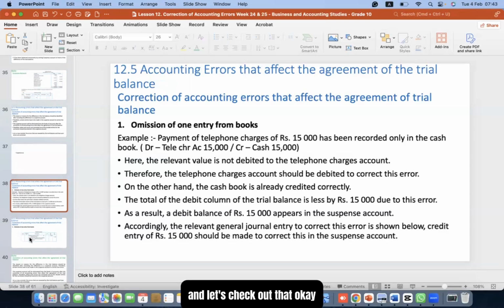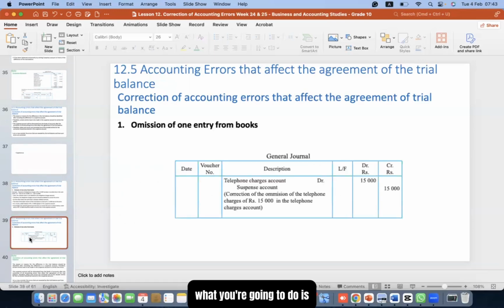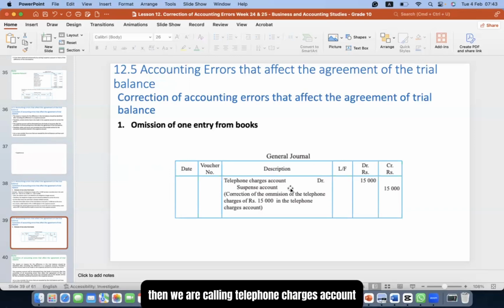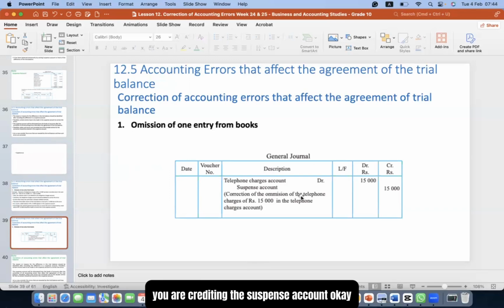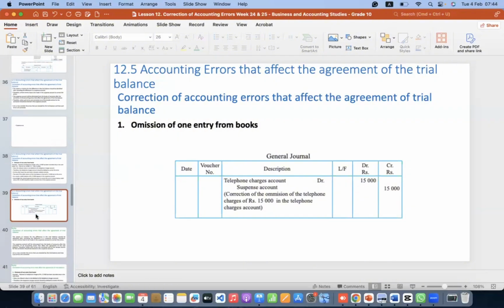What you are going to do is correctly debit your telephone charges account, and then credit the suspense account.